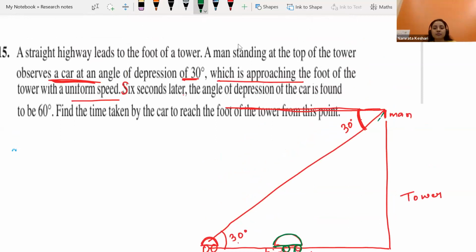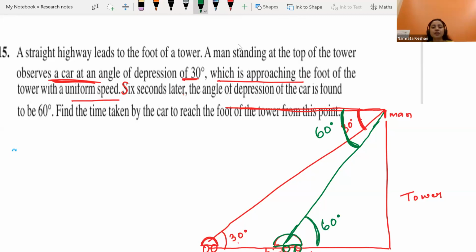So let's join it. Man observes the car now. This time the angle of depression with the same horizontal line. Again and again we will not be drawing the horizontal line. With the same horizontal line, this complete angle is 60 degrees. If that complete angle is 60 degrees, this one will also be 60 degrees, right?